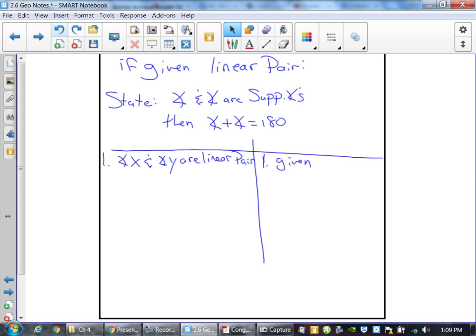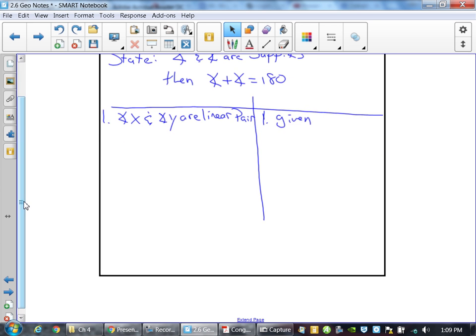According to my progression, it says to state that those 2 angles are now supplementary. Which ones are supplementary? X and y. And what do you think my reason is? Definition of linear pair. Exactly.